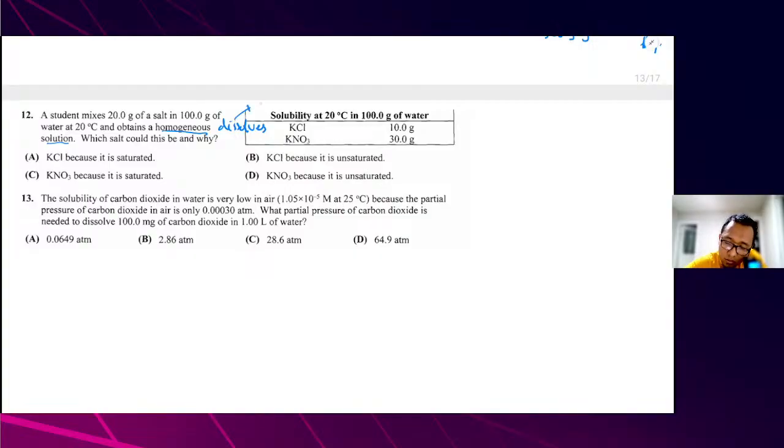Student mixes, so if we obtain a homogeneous solution, all of the salt will be dissolved, which means unsaturated.